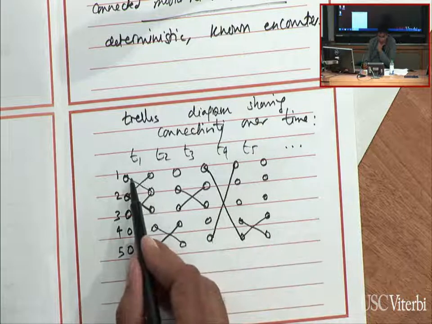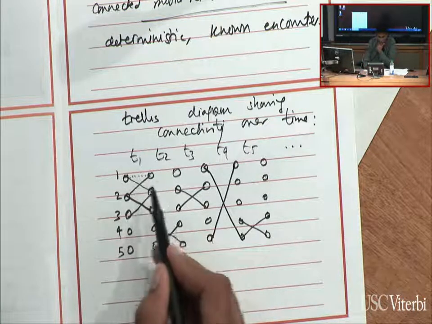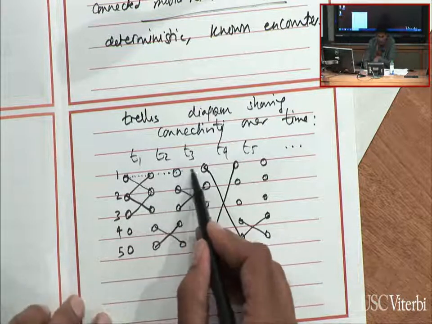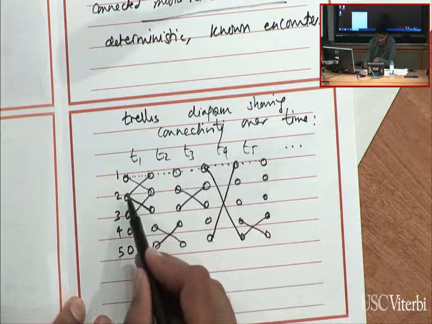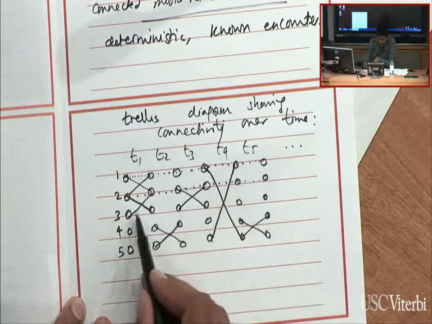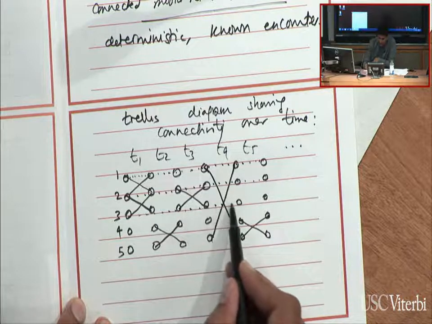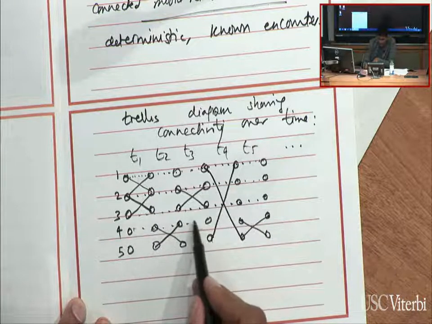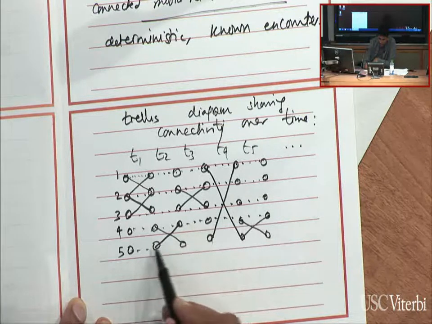For convenience, we might also put edges between the same node over time. So basically, implicit in this graph is that there's always a way to communicate with yourself. You can imagine this is a way of saying you're able to carry your data through.